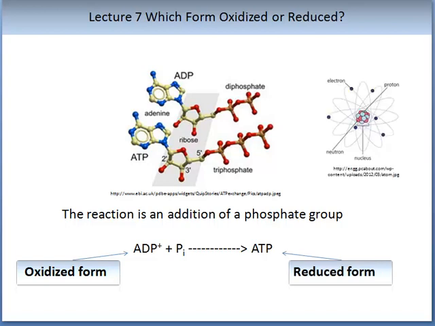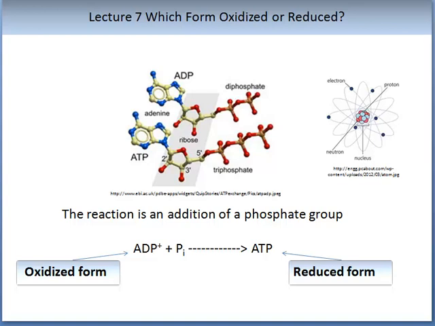So let us look at this reaction in some detail. ADP is said to be in the oxidized form. If you add an inorganic phosphate to ADP, you produce ATP, and this is said to be in the reduced form.